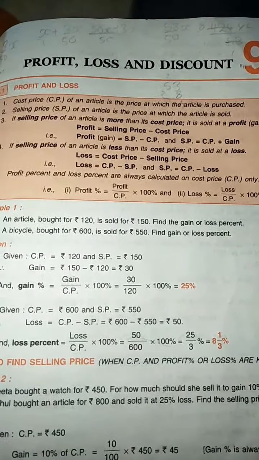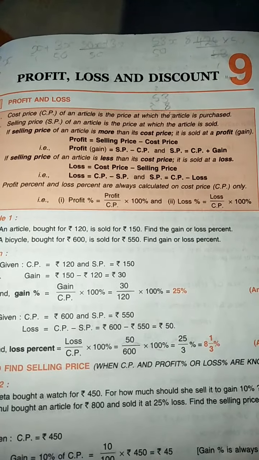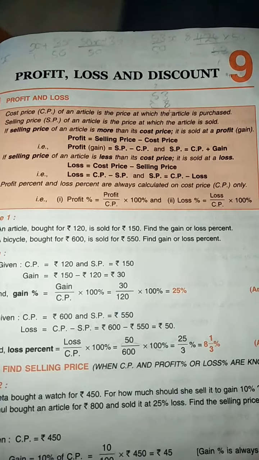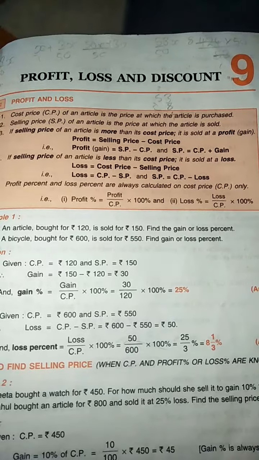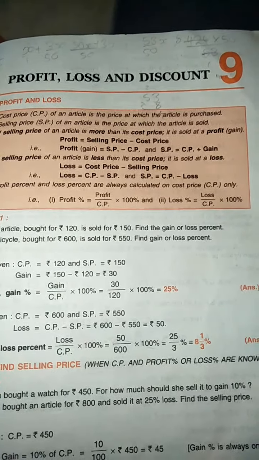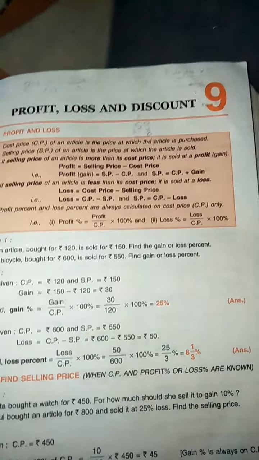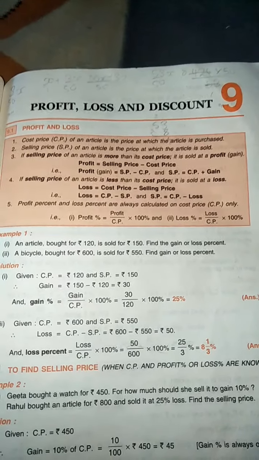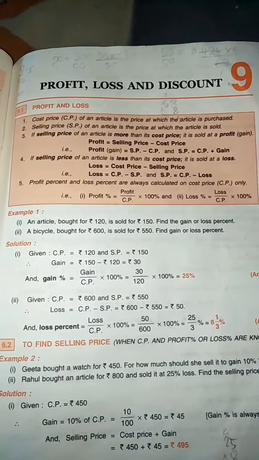Then in percentage, if you need to find how much percentage you are gaining or losing, the formula becomes profit upon CP into 100% or loss upon CP into 100%. Remember, in both the cases, profit percent and loss percent, you will be finding on CP only, not on SP, only on cost price. I hope these things are clear to you now.